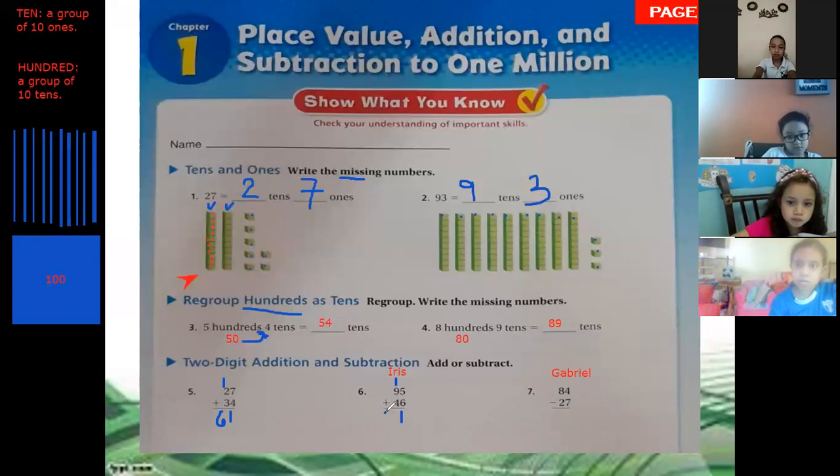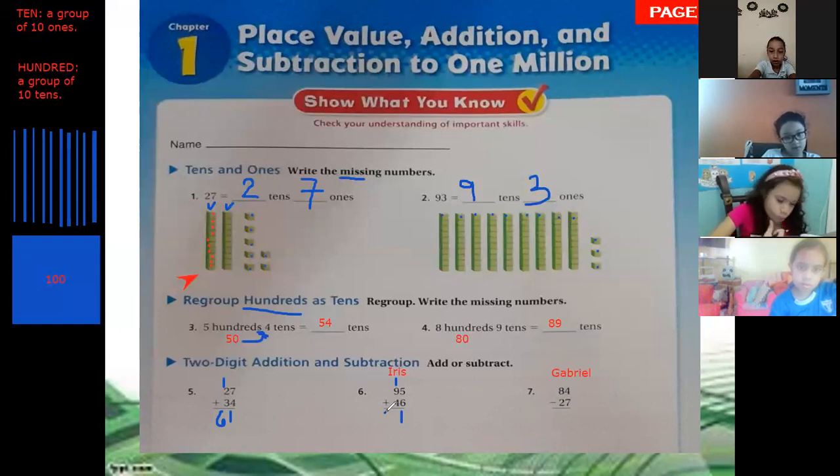But if you say that 9 plus 1 is 10, and 10 plus 4, yeah, but 10 plus 4.